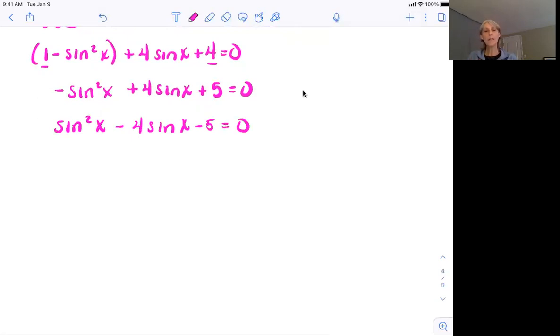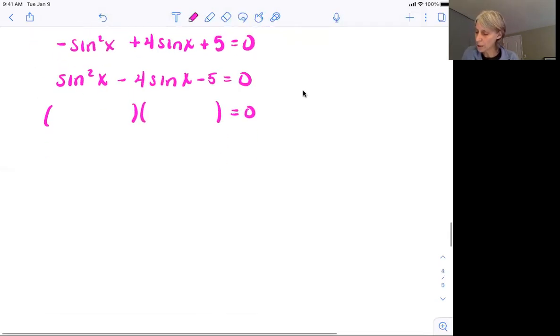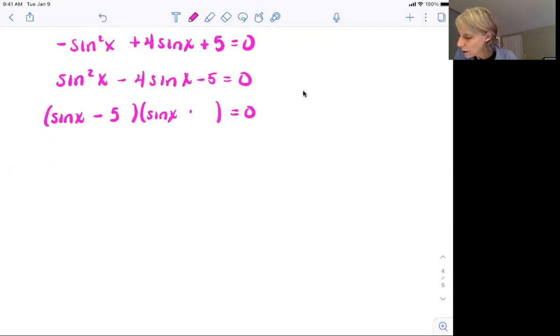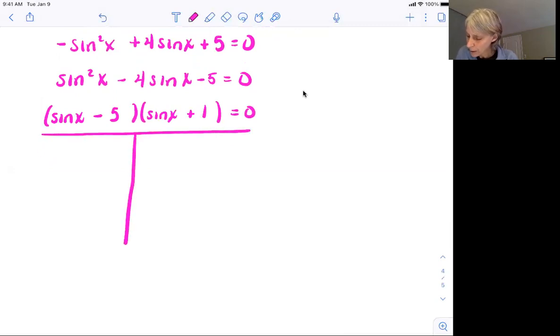Now I'm at a good spot because I have everything in terms of one single trig function, and I can factor this. This is an easy one because it's not even a tricky trinomial. So sine x, two numbers that multiply to negative 5 and combine to give me negative 4: minus 5 plus 1. Sine x minus 5 equals 0.